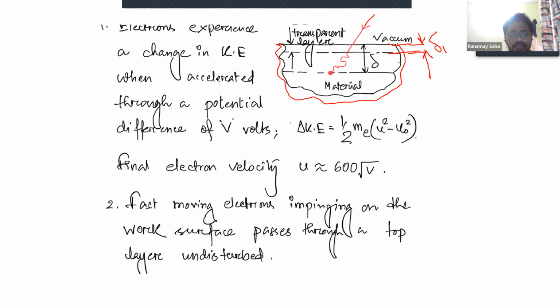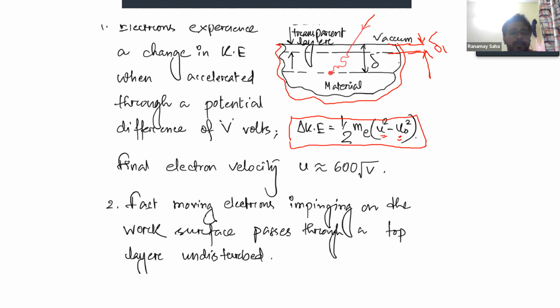Now, this is how the kinetic energy of the electron beam is reached after giving an acceleration voltage difference. It is half the mass of the electrons multiplied by u squared. u is your final velocity, not the initial velocity of the electrons.